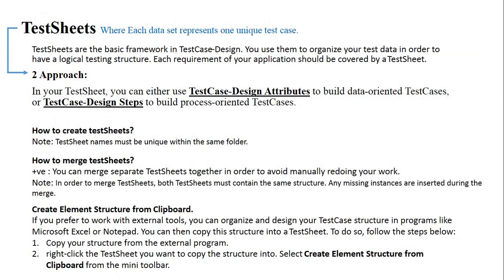Okay, so there is one more thing: how you create an element structure from the clipboard. This is an example that you can also create a test sheet from Excel, but to do so you have to create a test sheet-like structure that the Tosca team already provided, and follow that Excel format.